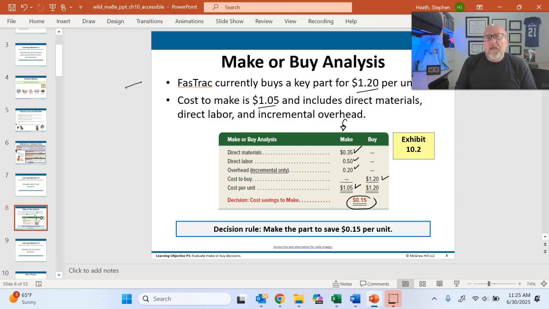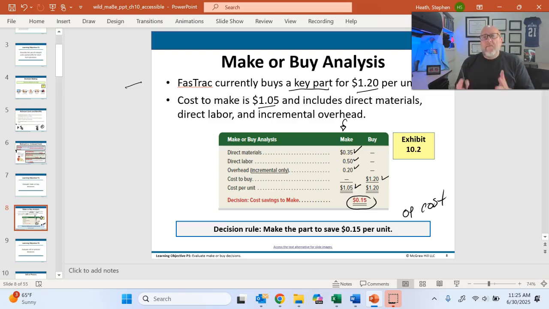What if it is the case that we have all sorts of things that we're making? And if we were to start making this particular key part, we couldn't make something else. Okay. So what we're not really focused in on in this particular example are the opportunity costs. And so I would just kind of keep that in the back of your mind when you're doing the homework.